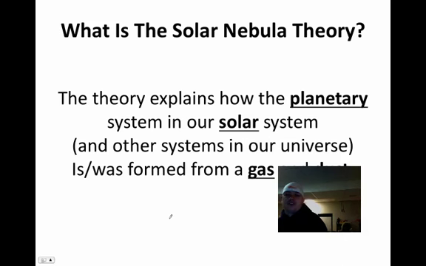So here's what the theory says in the simplest of terms. It explains how planetary systems, so planets like Mars, Jupiter, Earth, Uranus, Neptune, and so on, were created, as well as other systems within our universe, in other galaxies, planet-like systems that we have been able to see using technology such as Hubble.